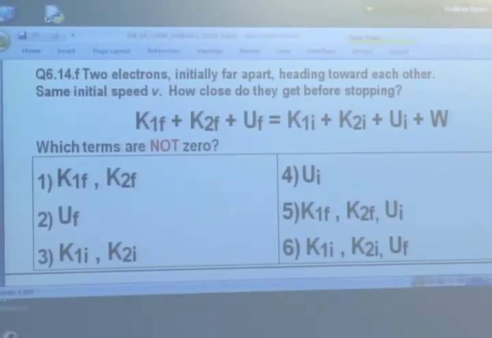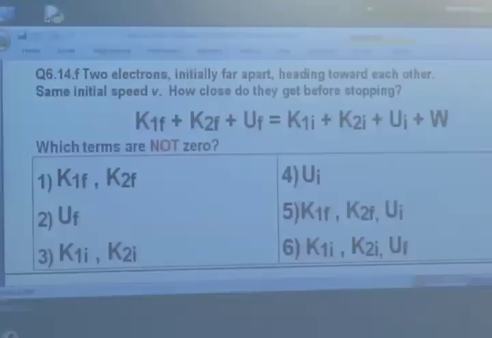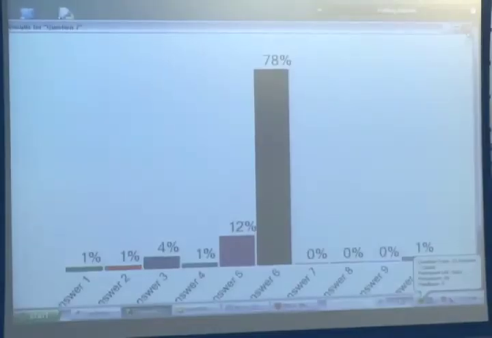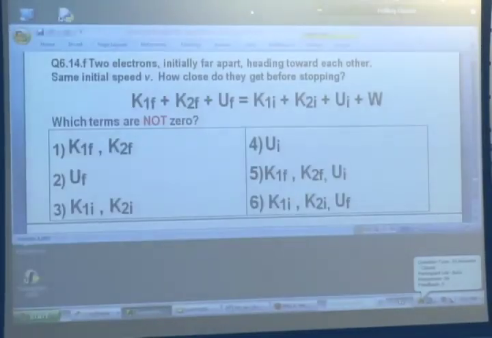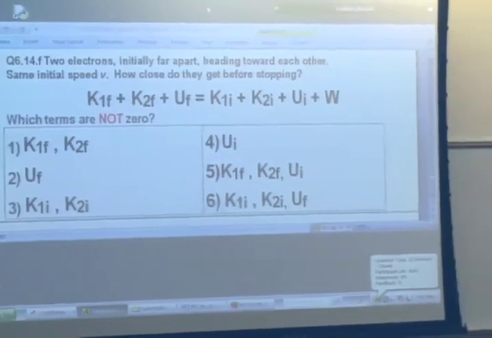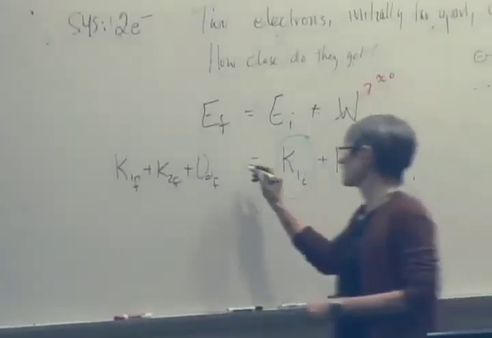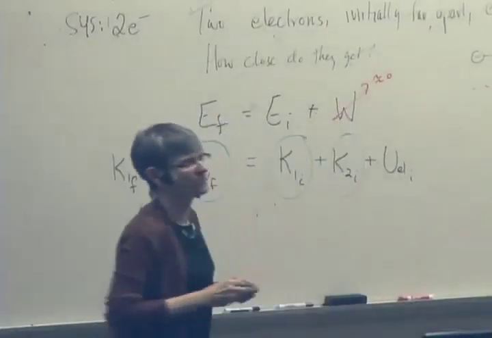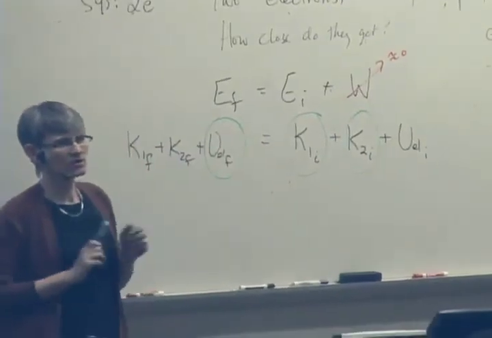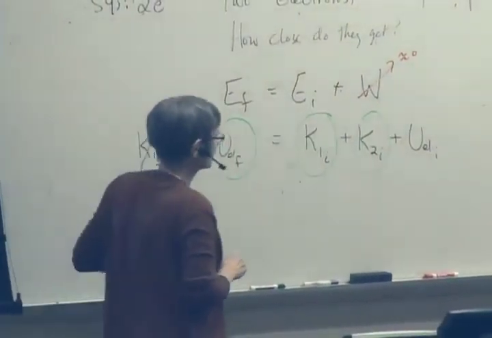So here again, we're talking about the structure of the solution, not the details of grinding through numerical calculations. So this is really far apart. Well, there's considerable convergence. So you're saying the initial kinetic energies of the 2 electrons and the final electric potential energy are non-zero, which means the other things are zeros.